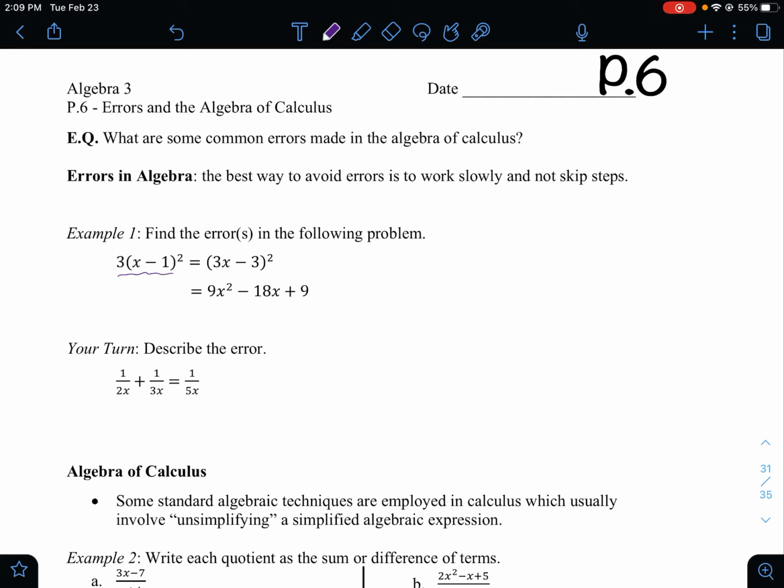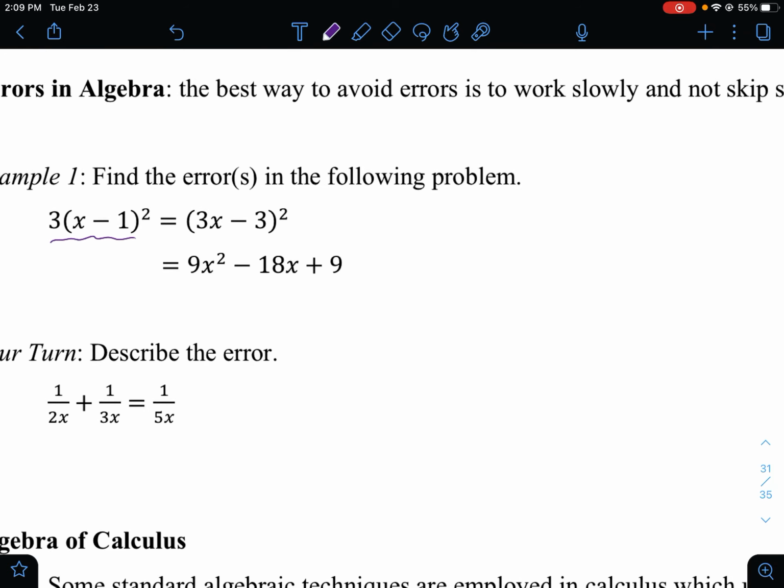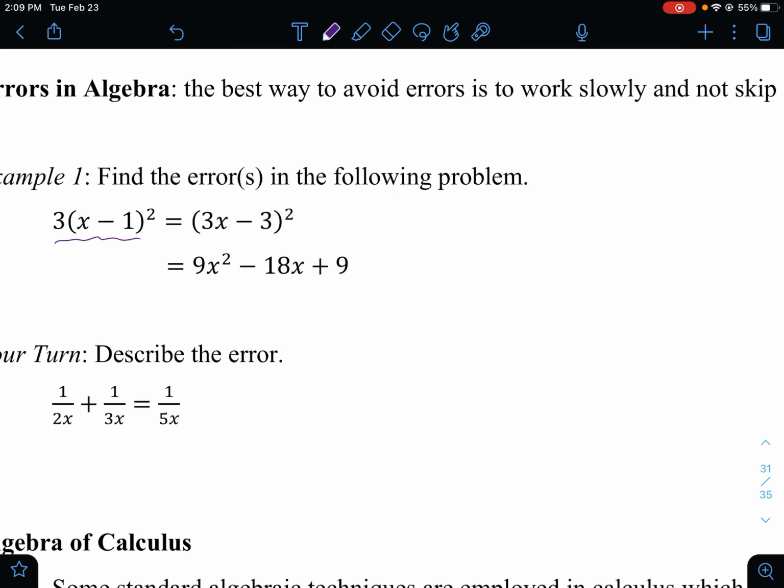Well, if you remember back to Tuesday's lesson on P5 day 4, I think it was, one of the problems we went over, I said, be careful, you don't want to make this mistake, and it's the mistake that they made. So we have to remember order of operations.